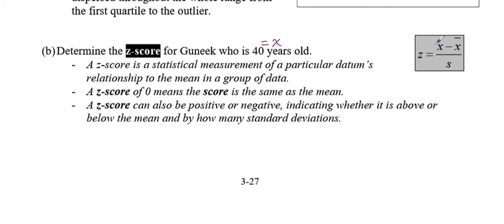The x here is the piece of data. The x with the bar on top is the mean. The s is the standard deviation. And the z is what we call the z-score.